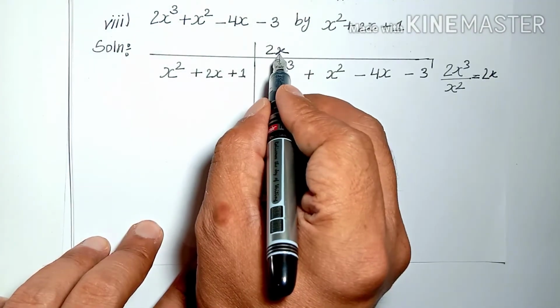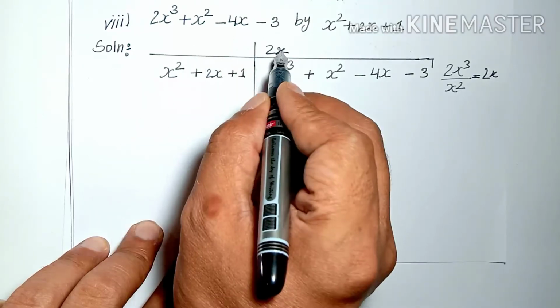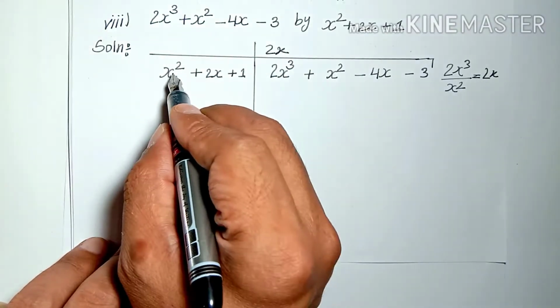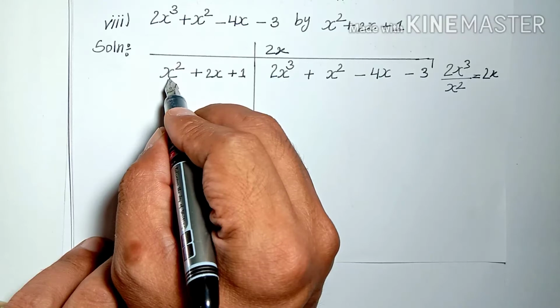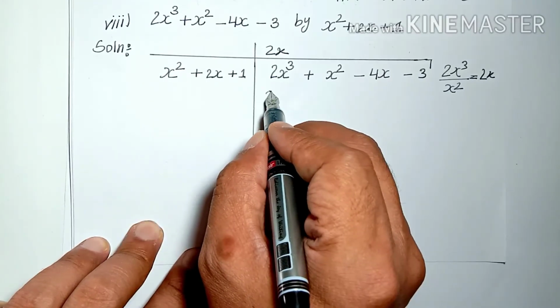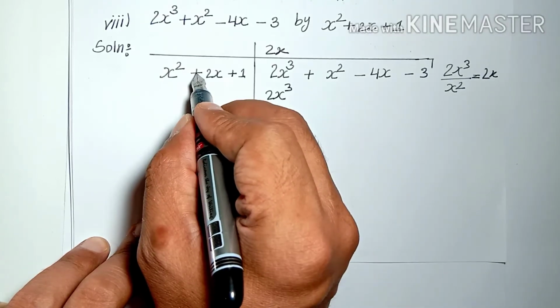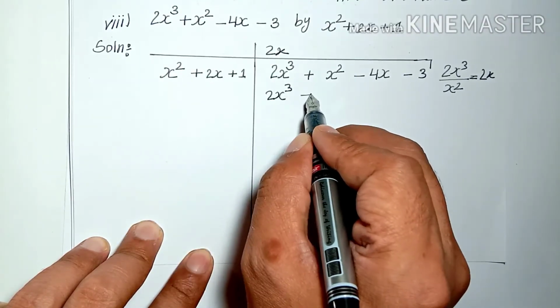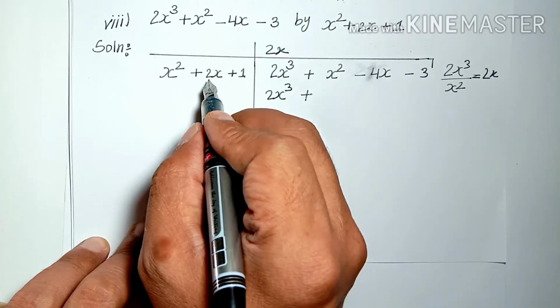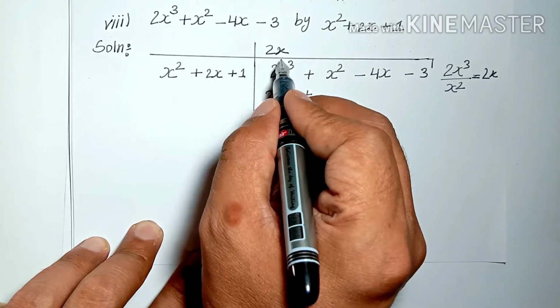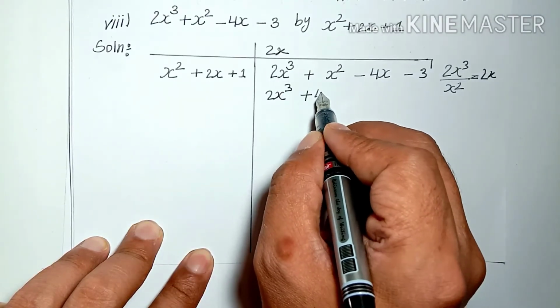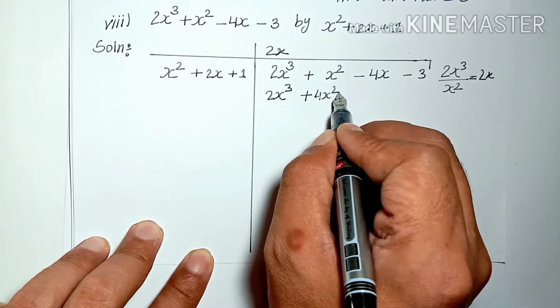Now with this 2x you'll have to multiply here 3 times. The first one, 2x into x square, we get 2x to the power 3. Now again plus plus, so it will be plus sign. Again here 2x into 2x, so 2 2s are 4, x into x will become x square.